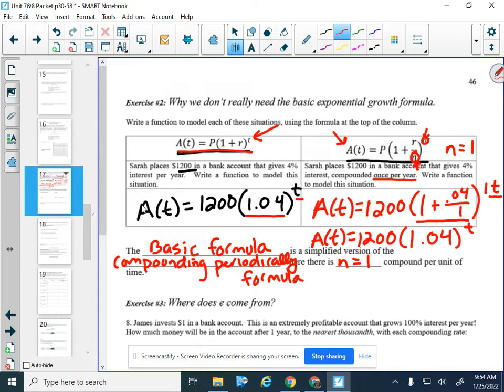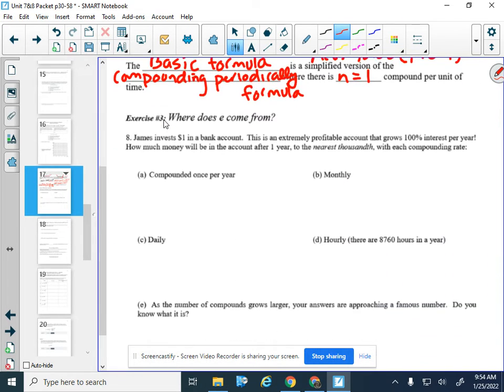So we really, at this point, could get rid of the basic formula, but it is nice, it's easy to use, and it's probably, in a lot of situations, along with PERT, P times e to the rt, the main one that we do end up using.